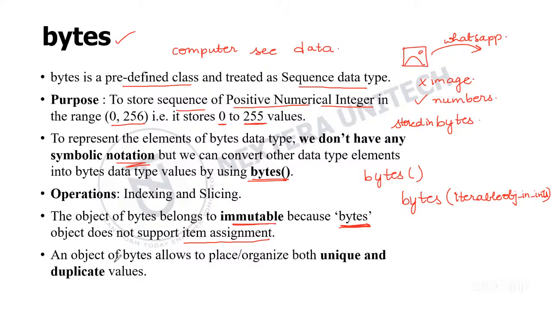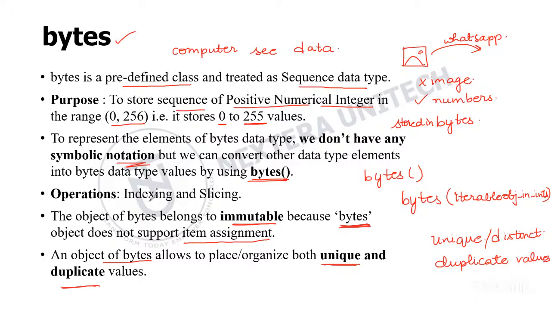And then moving on, the objects in bytes allow us to place unique elements or duplicate values also. So in your bytes data type, we can have unique, distinct elements, or you can also have duplicate values, that is the same value twice or thrice.